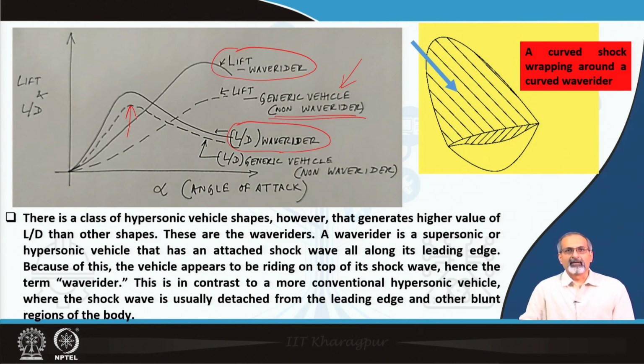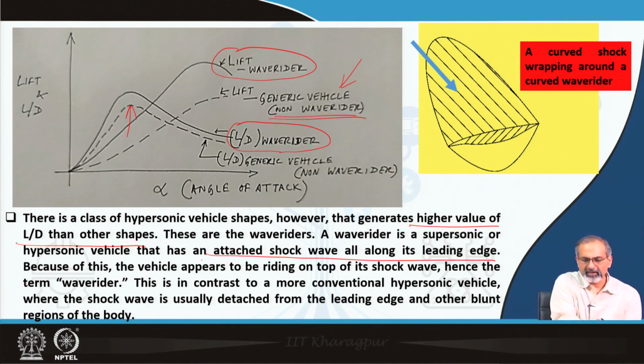So, there is a class of hypersonic vehicle shapes that generate higher L by D than other shapes. These are the wave riders, and in these vehicles the shock is attached all along the leading edge.